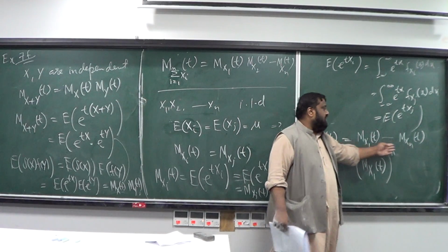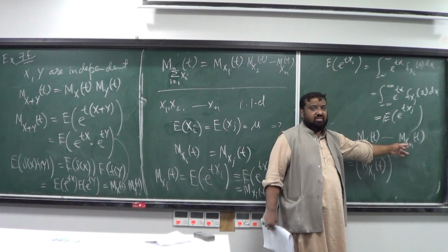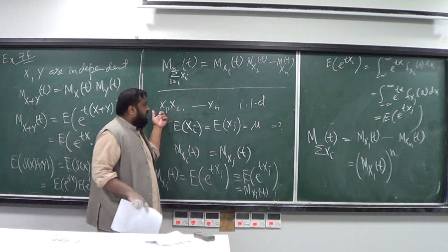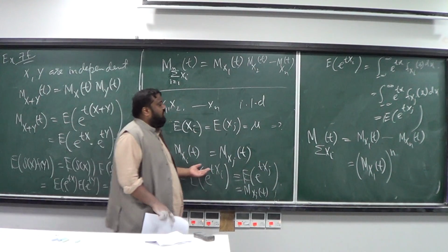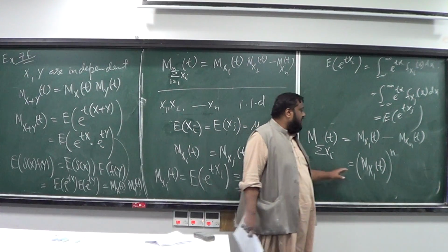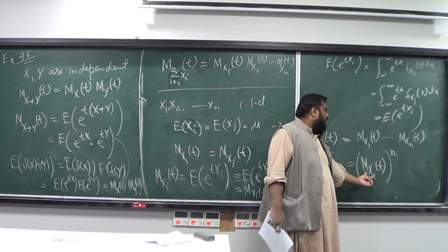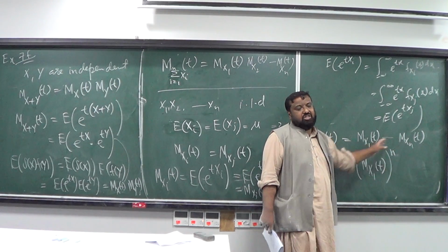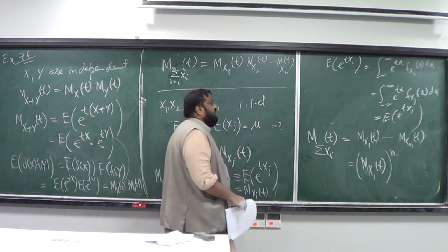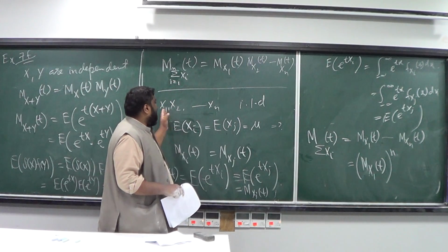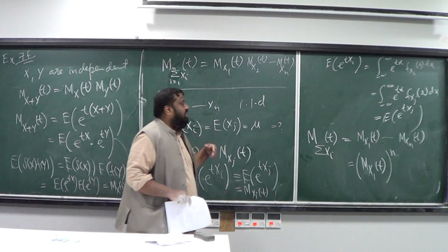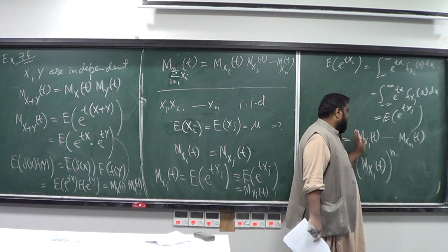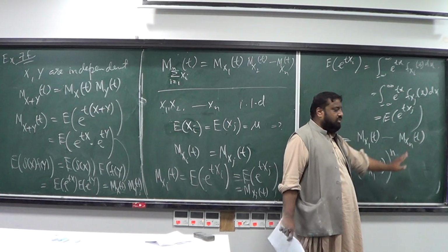So if you have i.i.d.s, the moment generating function of the sum is equal to the moment generating function of any one random variable, raised to the power n. Why? Because in the case of i.i.d., the moment generating functions are equal to each other. It's the same number multiplied n times, so it's power n.